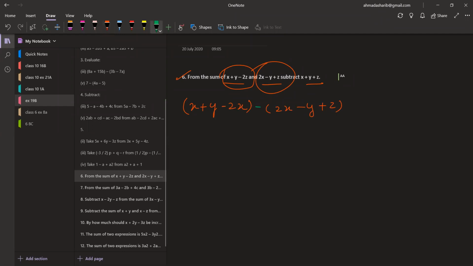That is why we will use plus sign. So you will write x plus y minus 2x plus 2x minus y plus z. Okay, this is z. Sorry, this is z.